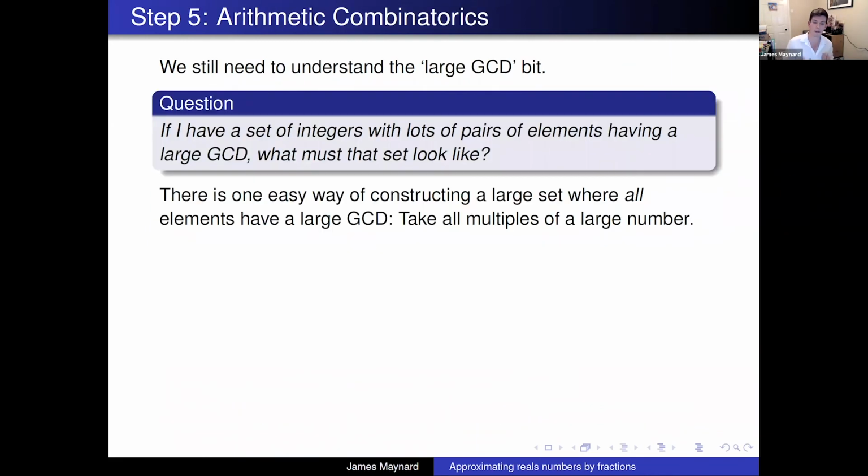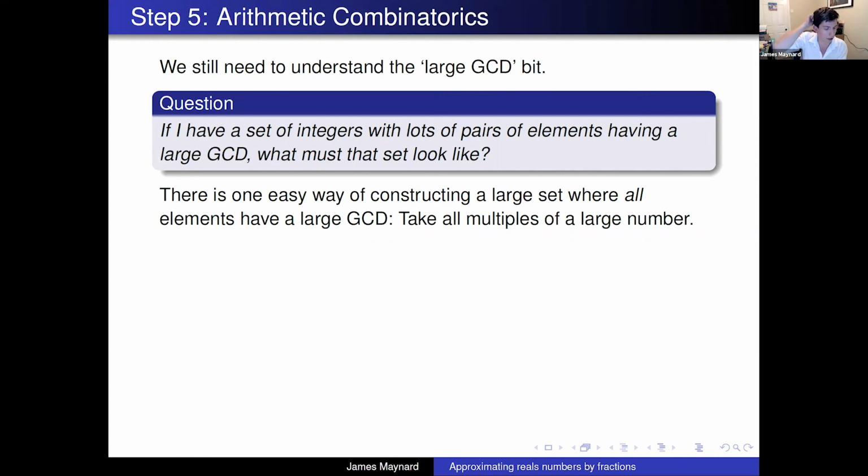However, to make any further progress, we need to understand the other key condition, which was about these pairs Q and R having a large common divisor. And so a natural question then is, if I have some set of integers where lots of the pairs of the elements have a large common divisor, what must that set look like?